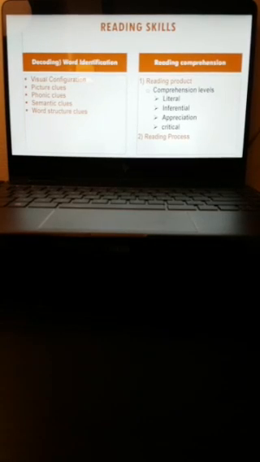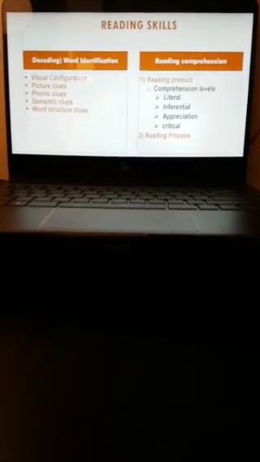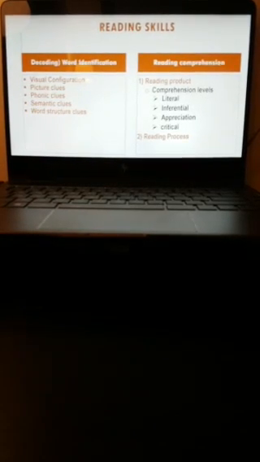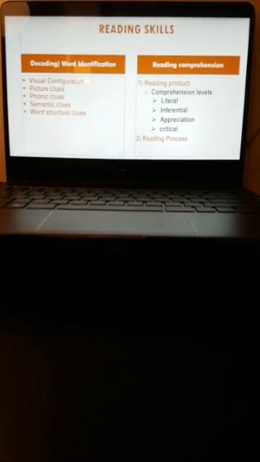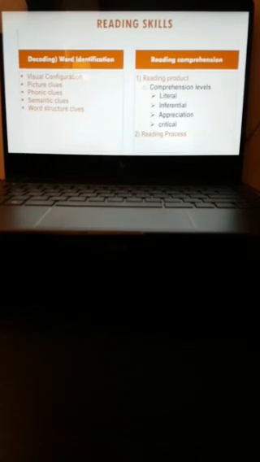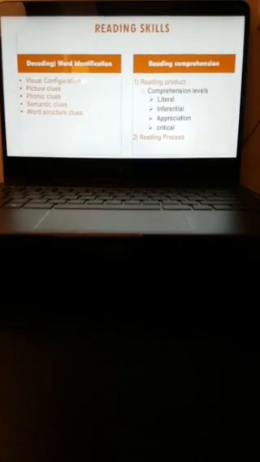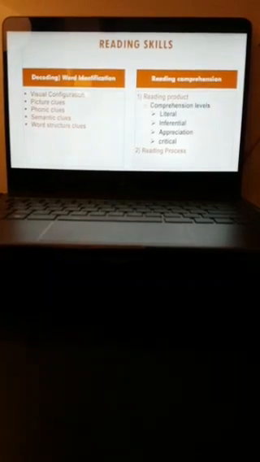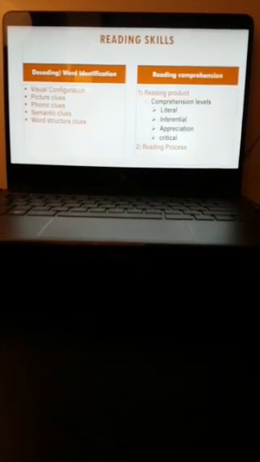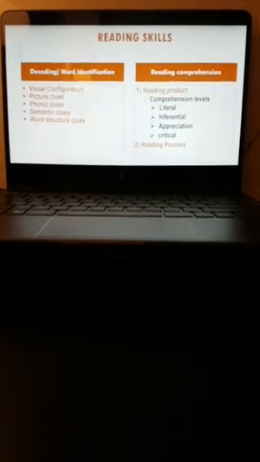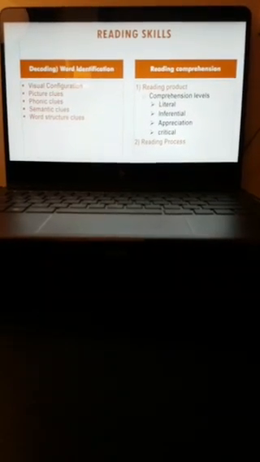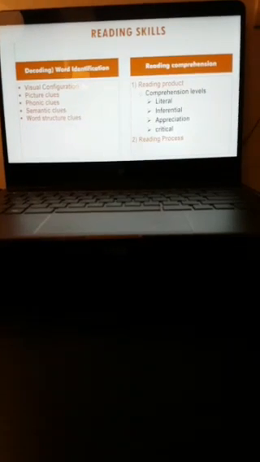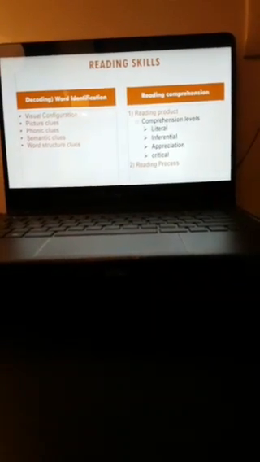We can figure out its part of speech from its suffixes. There are specific suffixes for nouns, other suffixes for adjectives, other suffixes for verbs. So by examining the suffixes at the end of the word, we can guess the part of speech. Now the other major reading skill is reading comprehension.